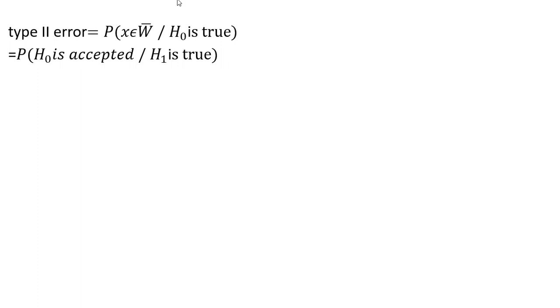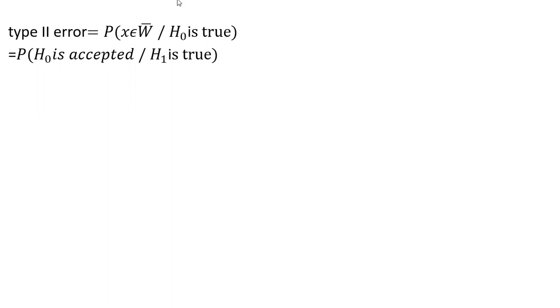I repeat, type 2 error equals the probability that x belongs to W bar given H0 is false. It means the probability that H0 is accepted, x belongs to W bar, which means the null hypothesis is accepted.